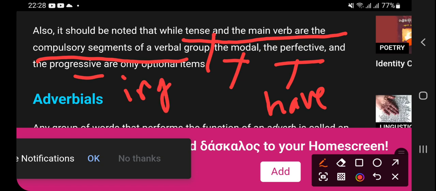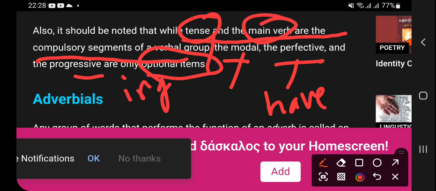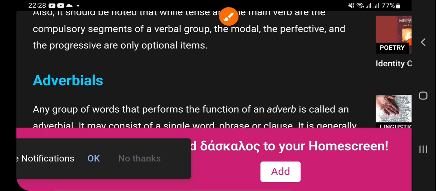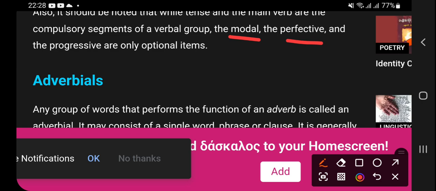What is the compulsory item? That is tense and the main verb, and these are the optional: modal, perfective, progressive, etc.